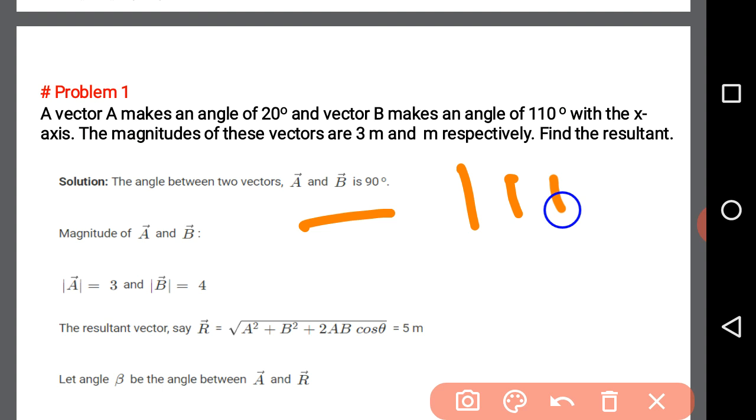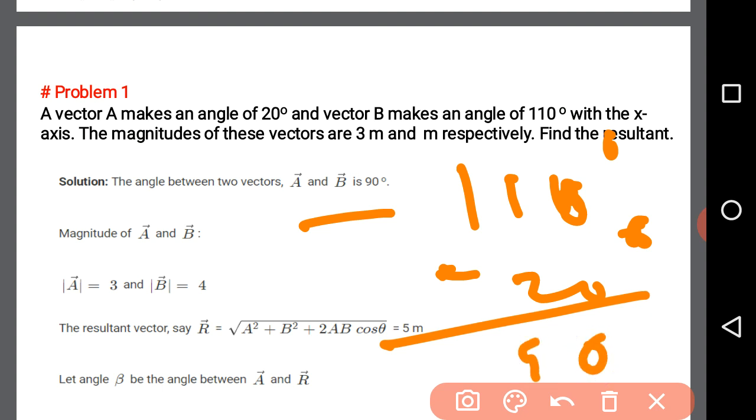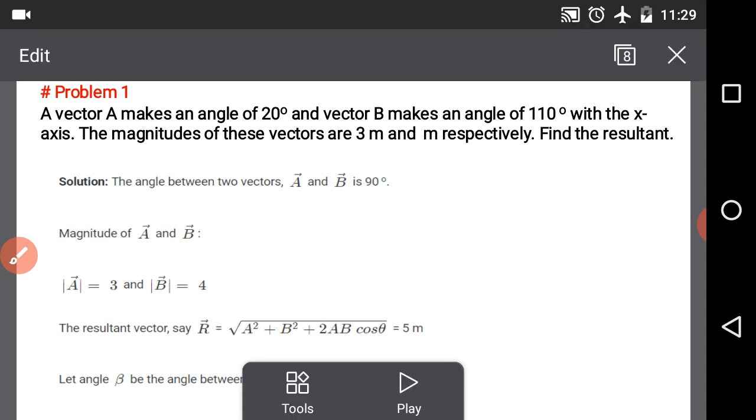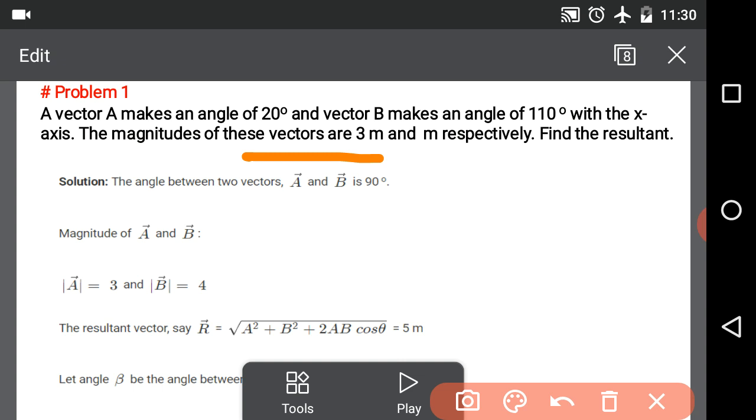Because 110 is the angle between the x-axis and B, and 20 degrees is the angle between the x-axis and A. If you subtract both, you get 90 degrees. Then you are given the magnitudes: OA has 3 meter length and OB has 4 meter length.